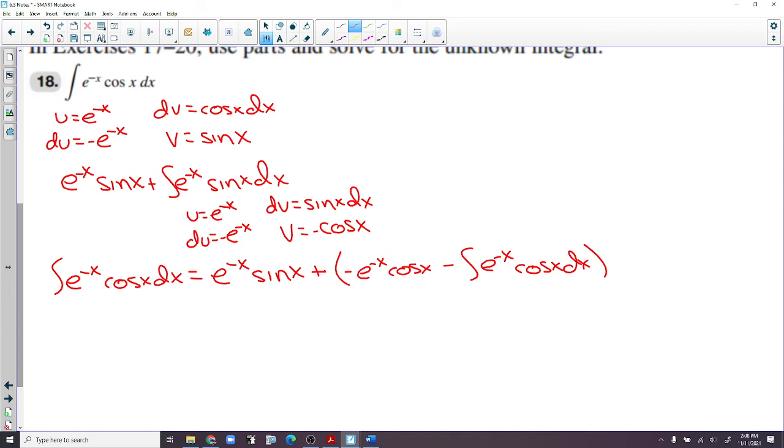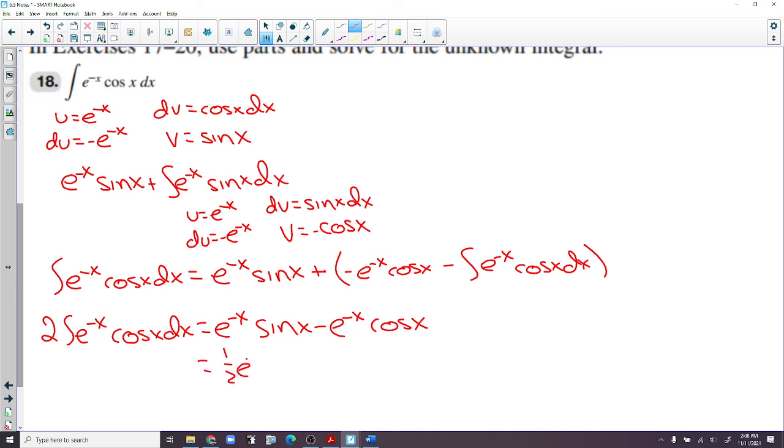So we got 2 e to the negative x cosine x dx equals all this junk. And we'll divide by 2. So this is equal to 1/2 e to the negative x sine of x minus 1/2 e to the negative x cosine of x. This is indefinite, so we need plus c.